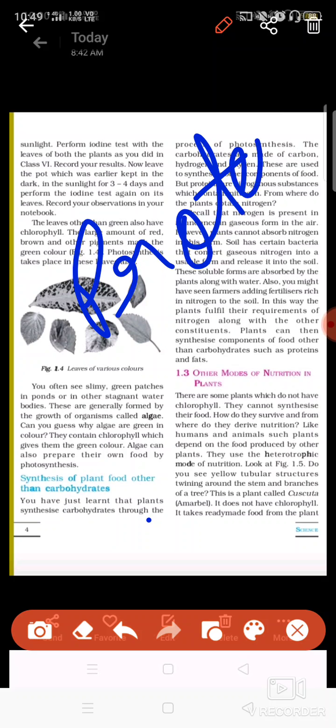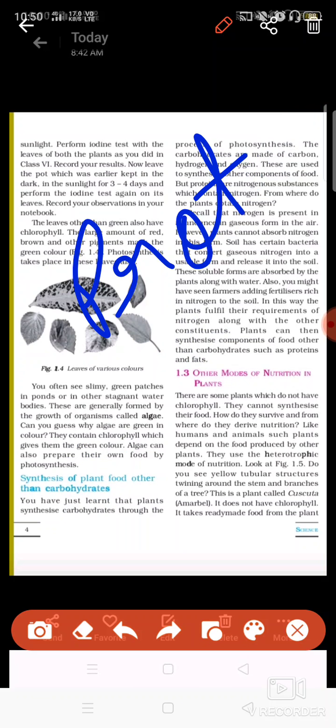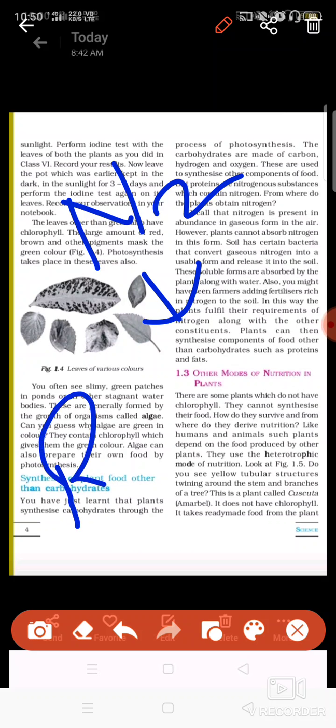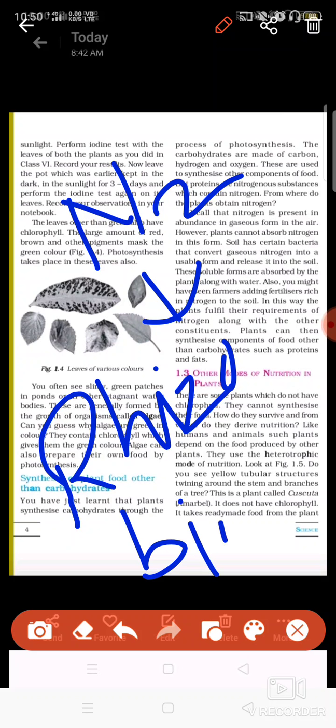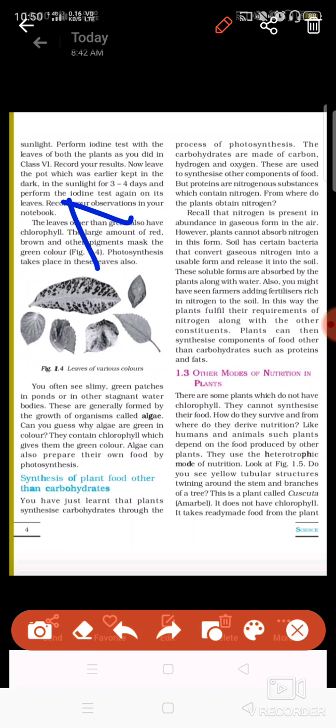How are proteins formed? Proteins are formed by the plants in the presence of nitrogen. Nitrogen is present in the air in abundance. You know very well that the air is mostly composed of nitrogen. This nitrogen is fixed by an organism which is known as rhizobium, and this rhizobium helps in fixing the nitrogen, and the plants convert the nitrogen into proteins.